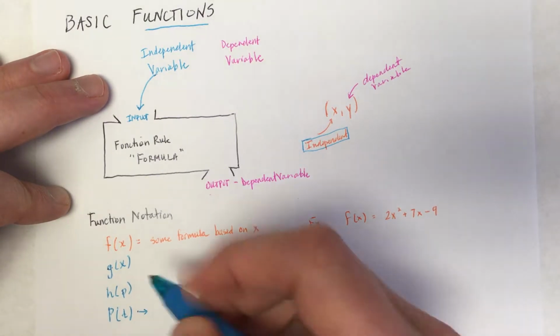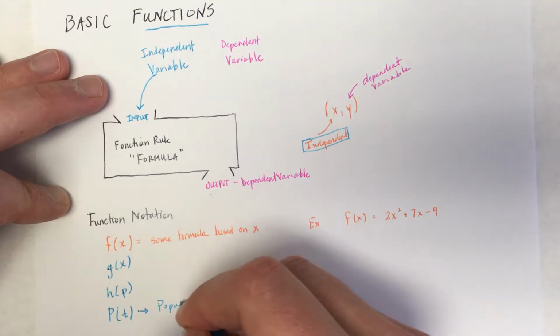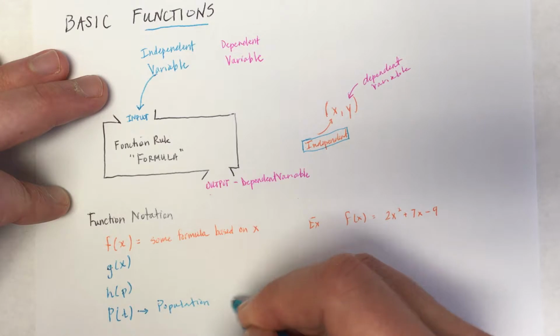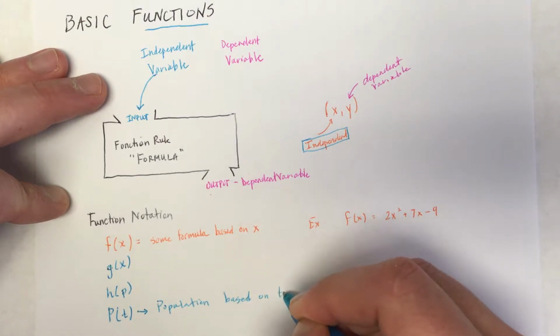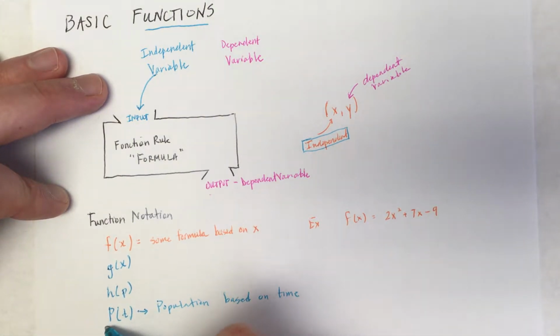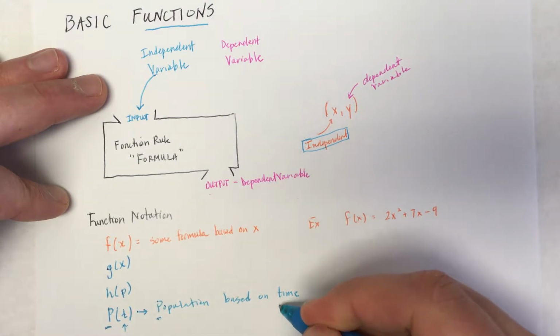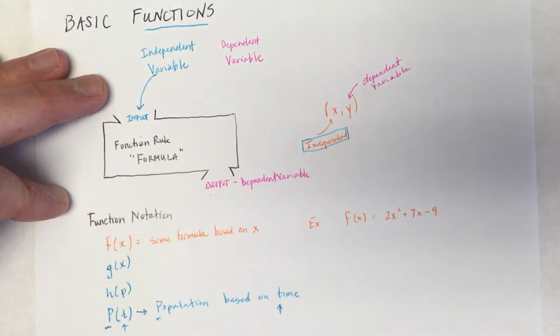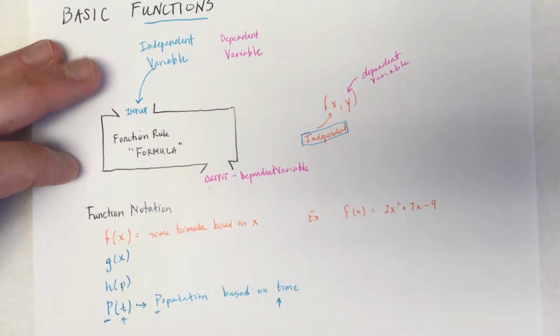So like this one could be the population based on time. And hence they have the capital P and the lowercase t. And so it can become really, really descriptive.